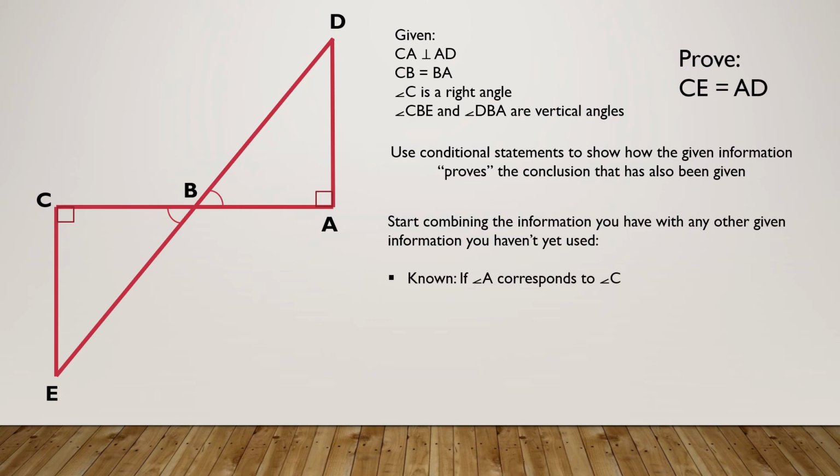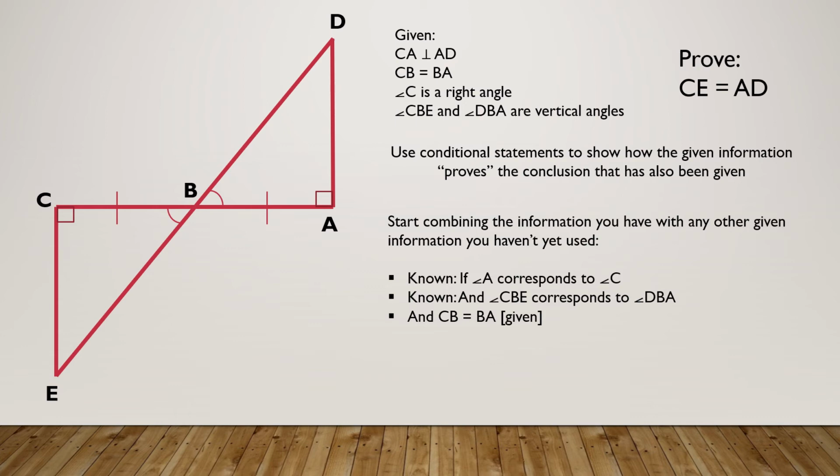So if angle A corresponds to angle C and angle CBE corresponds to angle DBA and CB equals BA, which is a piece of information that's been given. And before we go any further, let's add our tick marks in because that gives us a visual. Now think about this.